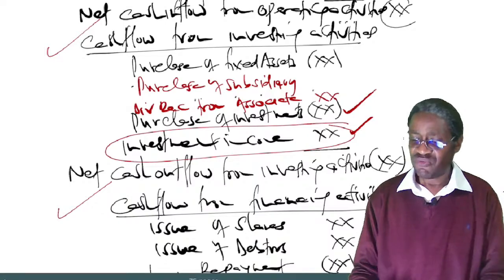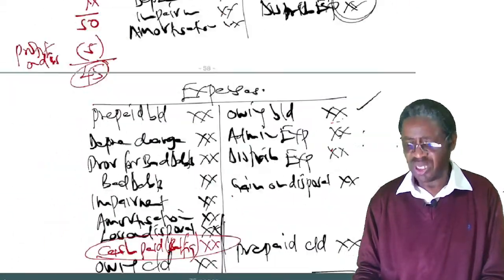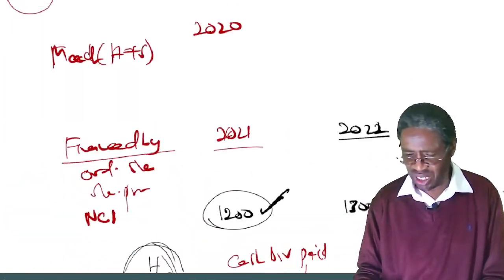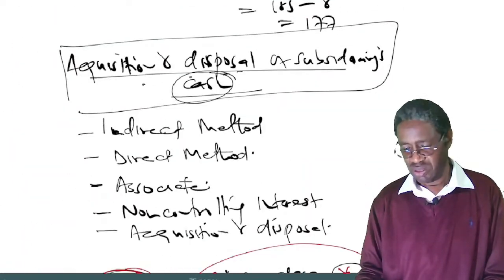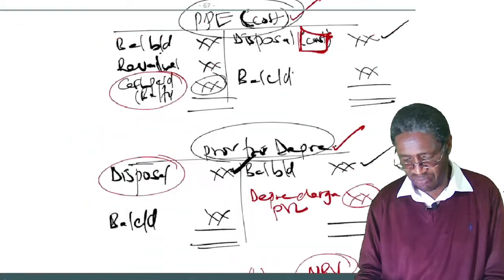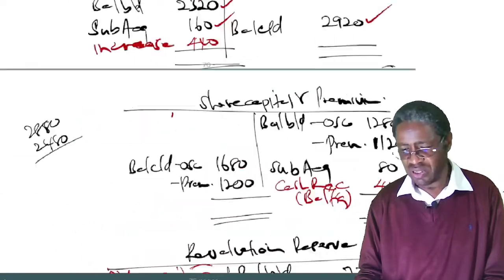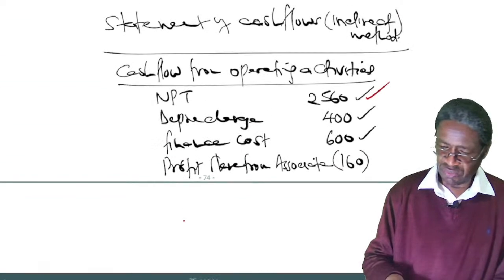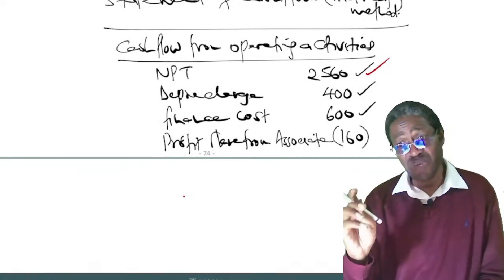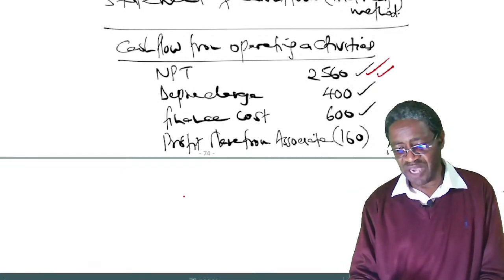Now, in the income statement for this question, we have investment income of how much? 200 million. Get the point now? That 200 million is part of 2560.